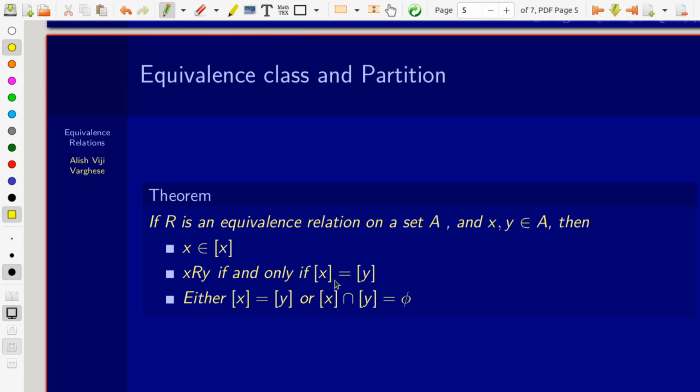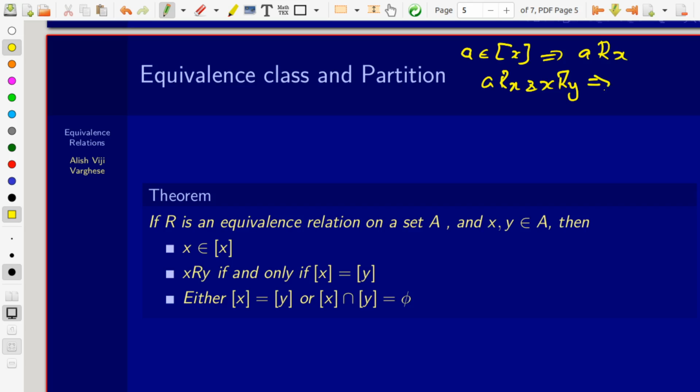And here the equivalence class of x and the equivalence class of y are two sets. So we start with an arbitrary element, say a, belonging to the equivalence class of x. That means a is related to x, and we are given that x is related to y. So a is related to x and x is related to y, and R is an equivalence relation.